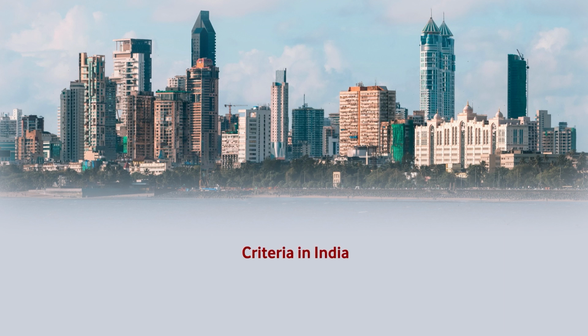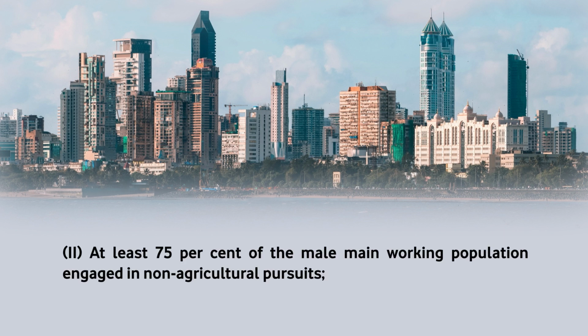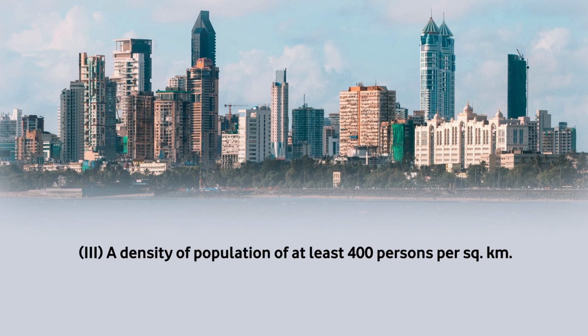So, as such every area has a different criteria, and the criteria in India says a minimum population of 5,000, at least 75% of the male working population should be engaged in non-agricultural activities or pursuits, and the density of the population should be at least 400 persons per square kilometer, then an area can be called urban.